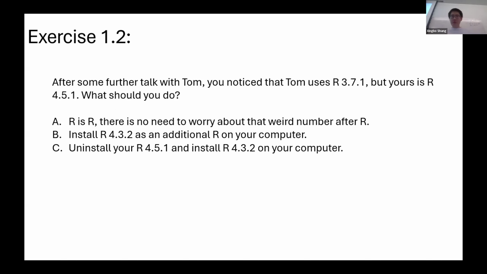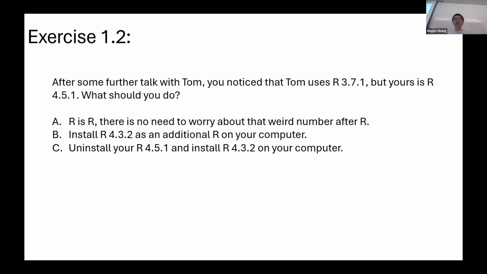Then exercise 2. After some further talk, you notice that Tom is using something like R 3.7.1, but yours is R 4.5.1, as I recommended to you. So what should you do if you want to fully ensure you can reproduce the code?